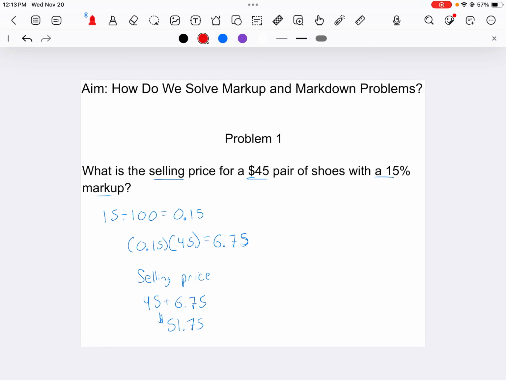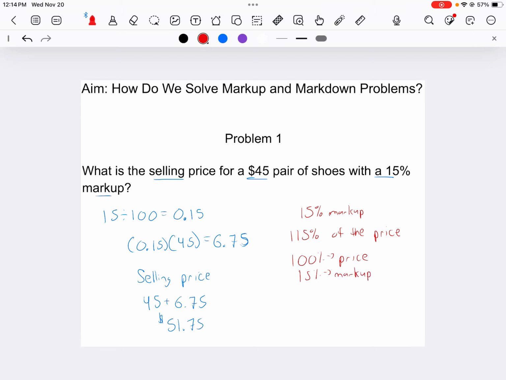Another way you could do it is if it's a 15% markup, that means that the new price is going to be 115% of the original price because it's 100% for the price and 15% for the markup.